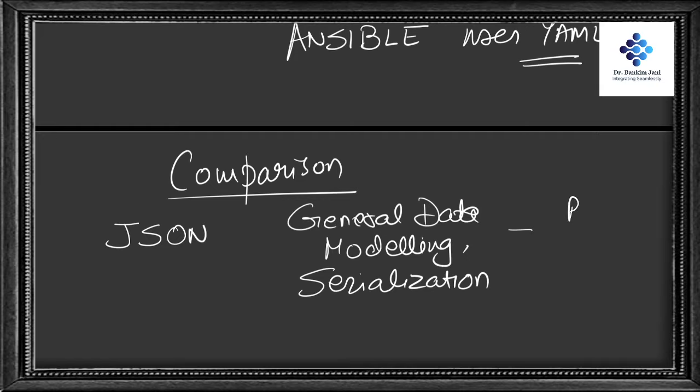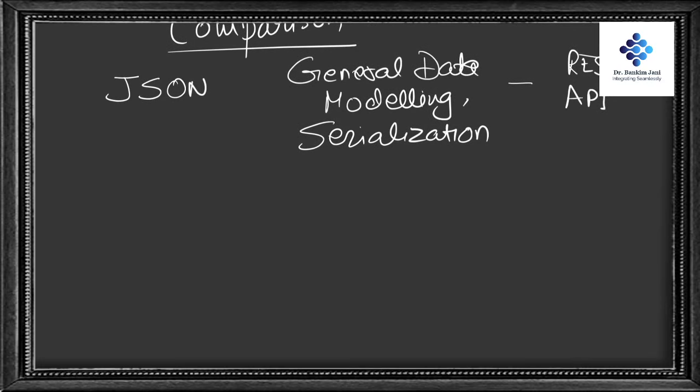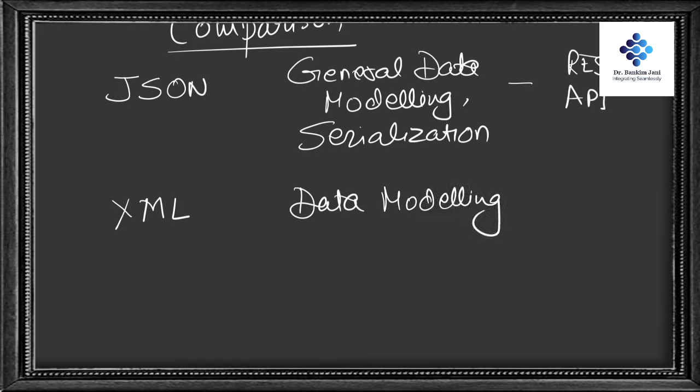So that is used for REST API. When we are talking about XML, extensible markup language, it is for data modeling, but in this it is the markup language, right? It is what is called the text markup language.